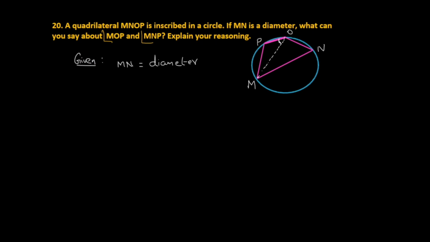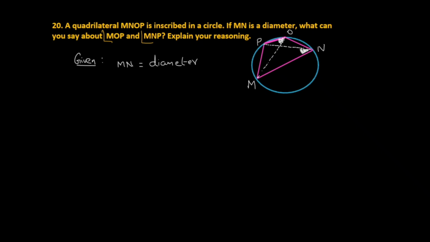Where is MNP? If we join P to N, that is this angle. This angle is MNP. So this is MOP, and this is MNP.